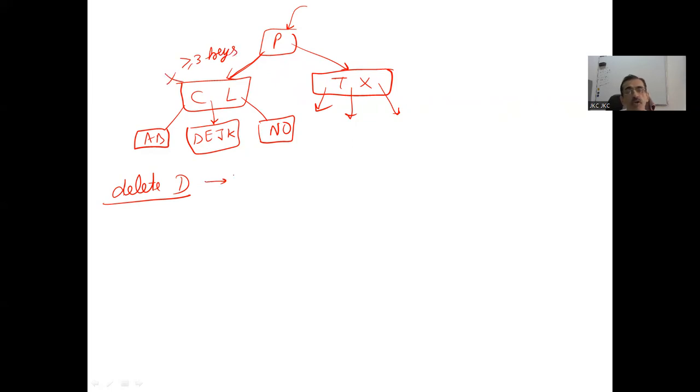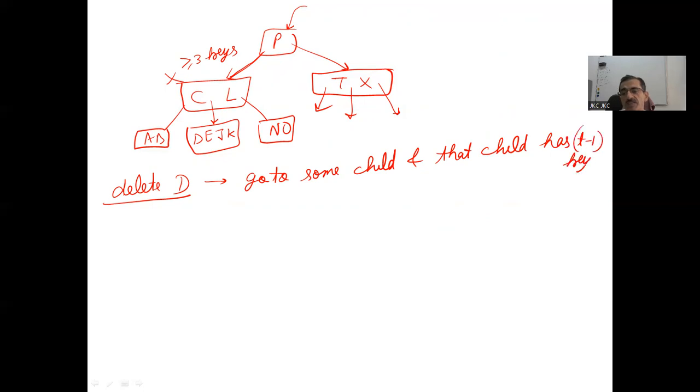So I want to go to some child, but that child does not have T keys. That means that child has T minus 1 keys. So this is a case to be handled. Before the deletion can be done, I have to handle this.